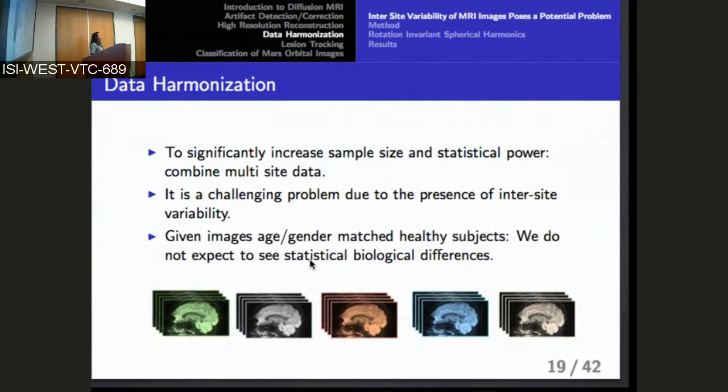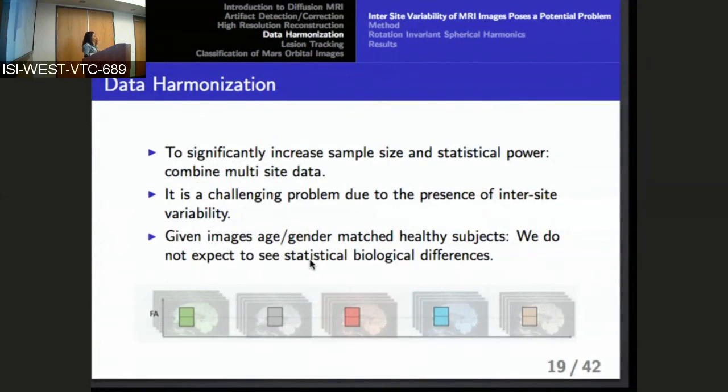Assume that we have some traveling subjects. All of them are gender matched, age matched, and healthy. If we acquire diffusion MRI images of these subjects at different centers, for example a Siemens scanner in Boston, a Siemens scanner in LA, or a GE scanner in San Jose, and then compute FA of these subjects at the different centers, then because everything is similar between these subjects, it's reasonable to end up with something like this.